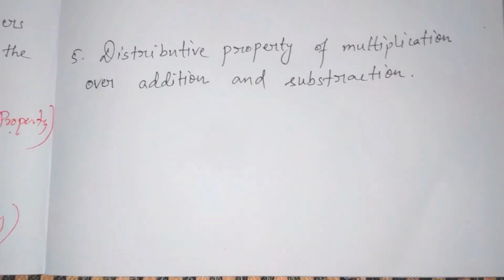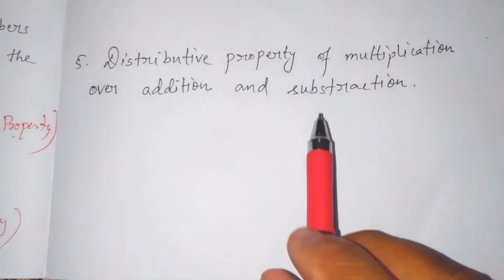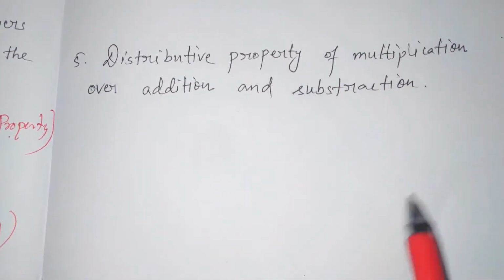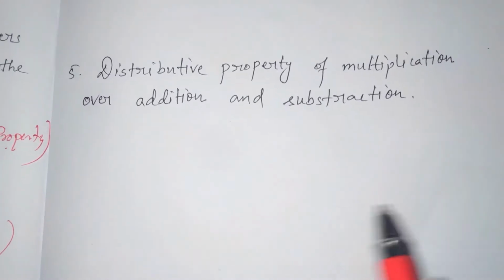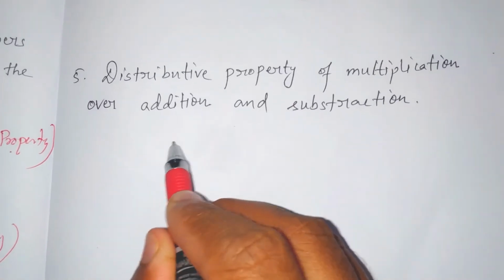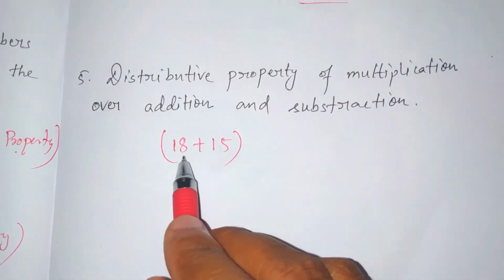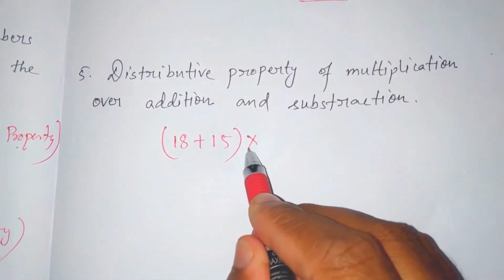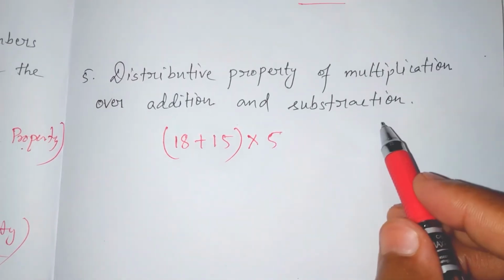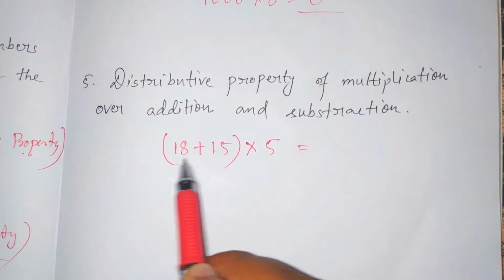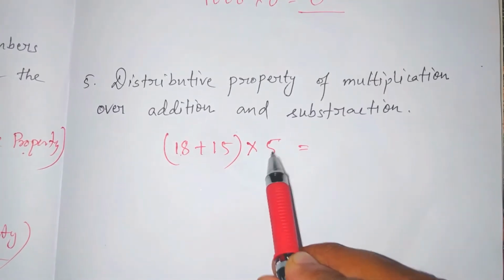Students, the next property is the distributive property of multiplication over addition and subtraction. So watch this one very carefully. If you say 18 plus 15, and you take this in bracket and it is multiplied with 5, you can write it like this: 18 multiplied with 5 and 15 again multiplied with 5.